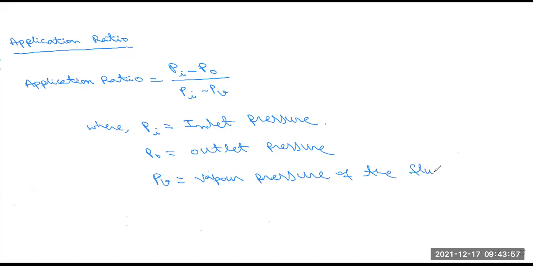So when you use these different types of control valve, we have to follow these three things carefully to control the fluid flow systems. First, we calculate the valve capacity, CV. Next, the rangeability.